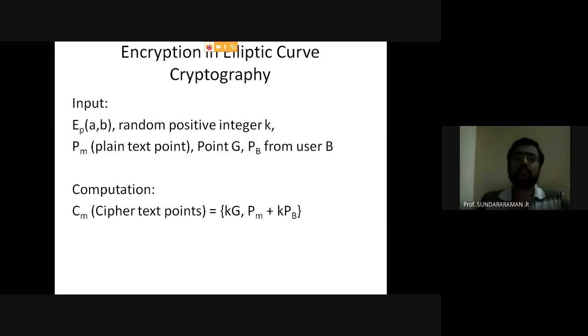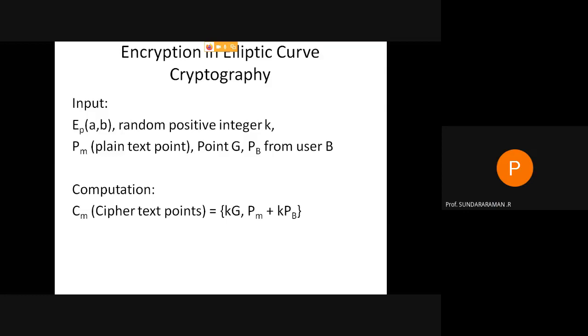Now, elliptic curve cryptography works with points. Therefore, your plain text is also represented as a point. So here we consider Pm as the plain text point. As you know, every point needs to be represented with an x and y coordinate, so you must represent Pm with an x value and y value.